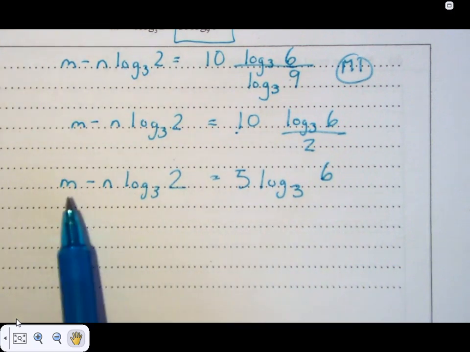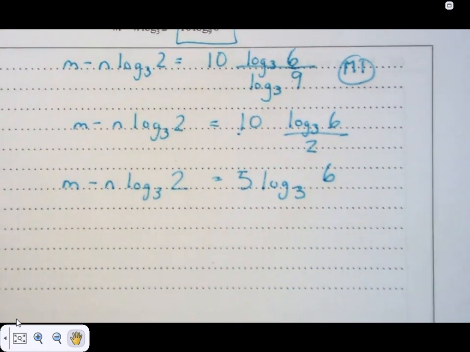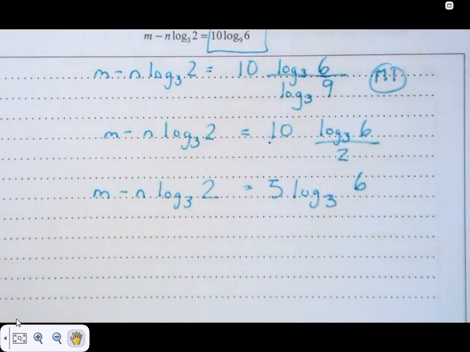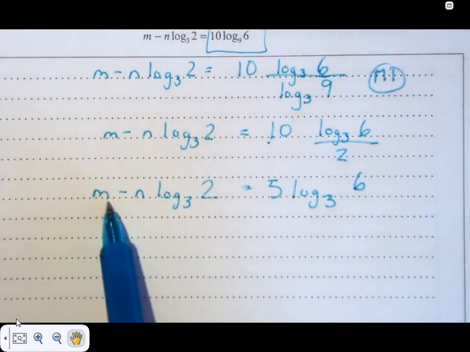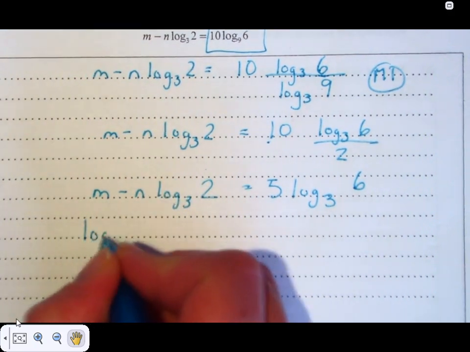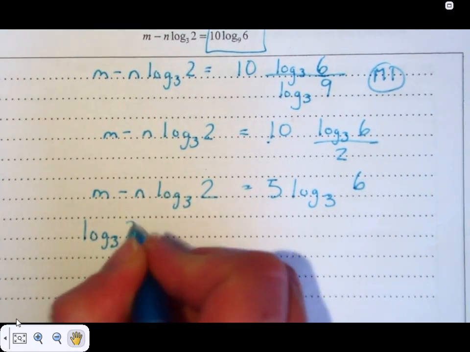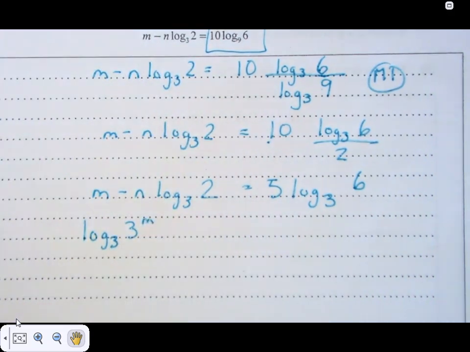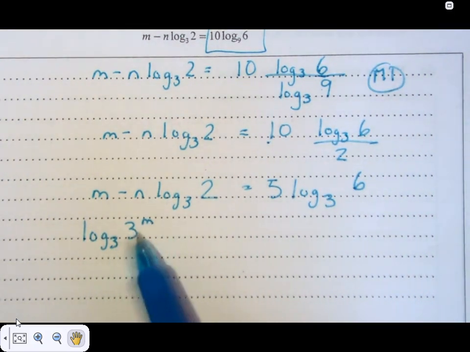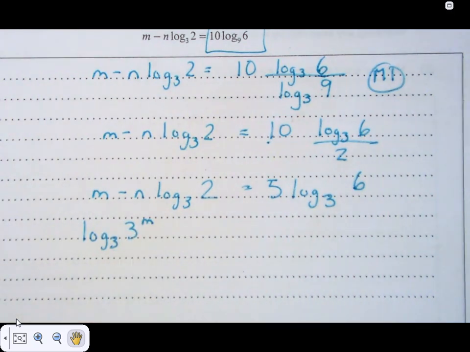You can create a log. That's something I teach when I do SL math, but I don't know how it's taught in pre-cal. But you can create a log out of a regular number. So let me show you how to do that. You can do log base 3 of 3 to the m, and that is creating an m, because log base 3 and 3 raised to something are inverses, exponents and logs.